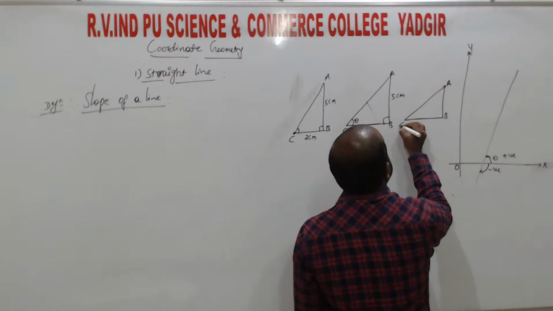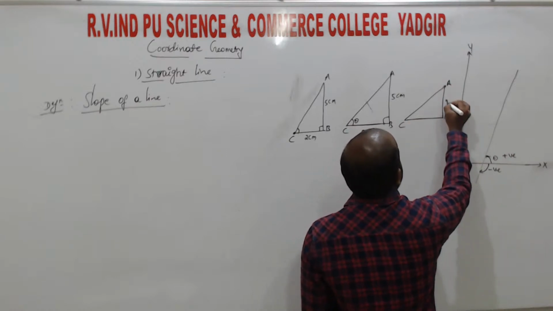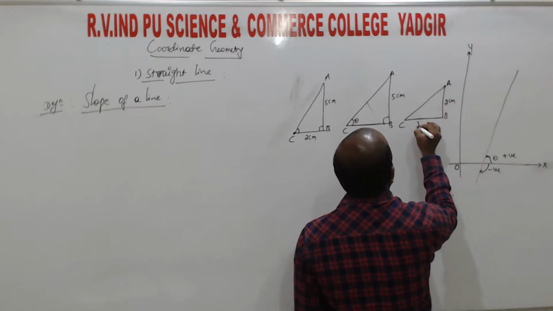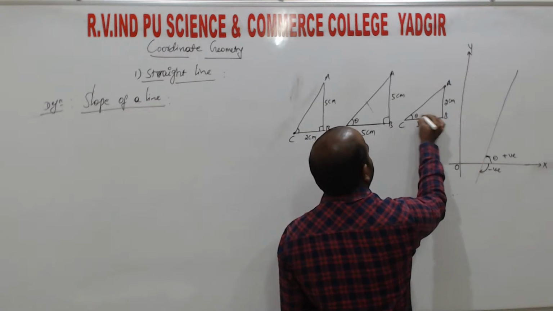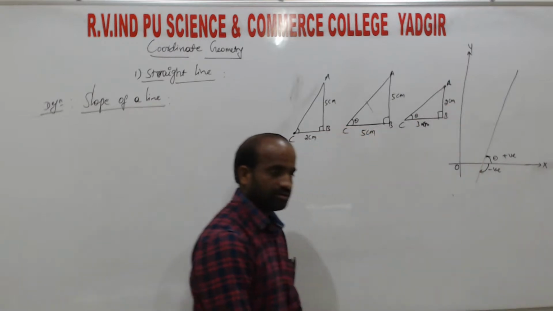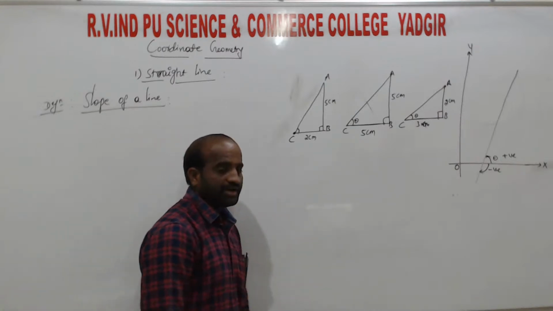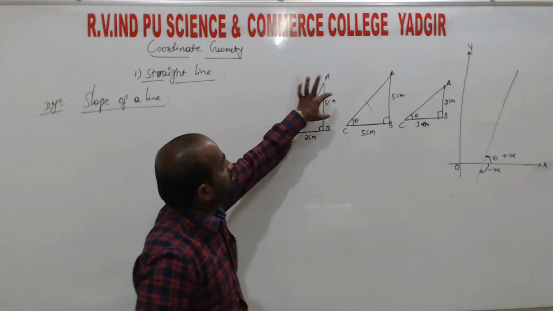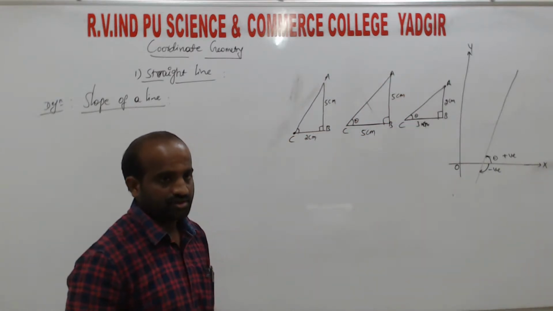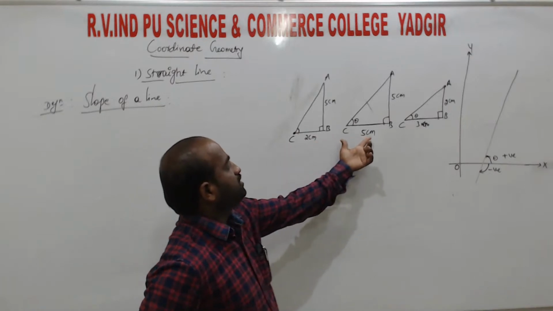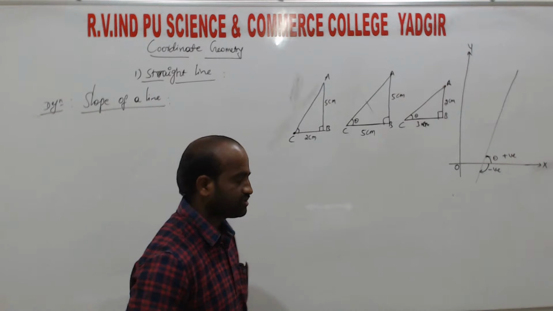Next, triangle ABC. This one is 2 centimeter, this one is 3 centimeter, with angle theta. Now this one is the vertical distance AB. In this figure BC, and this one also BC, is the horizontal distance.